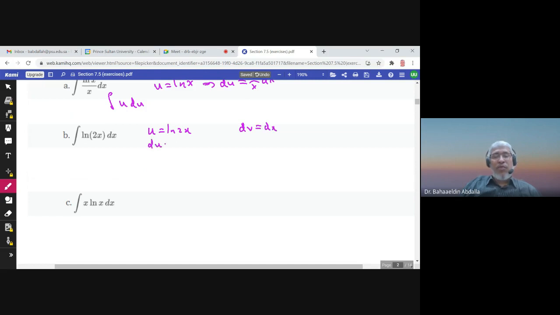And du would be the derivative of ln 2x, which is 1 over 2x times 2. So it's in fact 1 over x, and v is x. So it is equal to uv minus the integral of v du, and v du would be just dx, because x times 1 over x is 1 times dx, and the integral of dx is x.